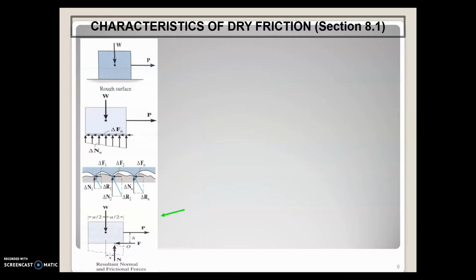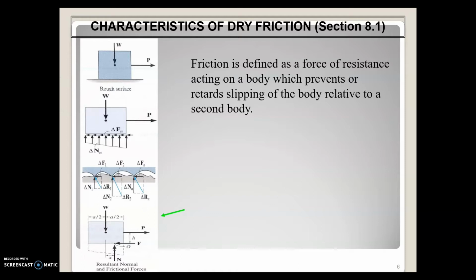The characteristic of direct friction, as we all know, friction is defined as a force of resistance acting by the body which prevents or retards slipping of the body relative to a second body. Yang mana force yang resistant acting on the body in which it prevents or retards slipping of the body relative to second body.